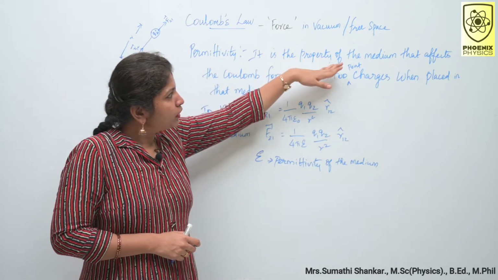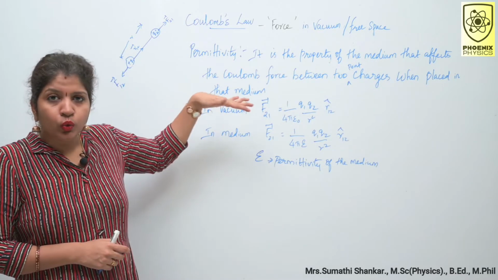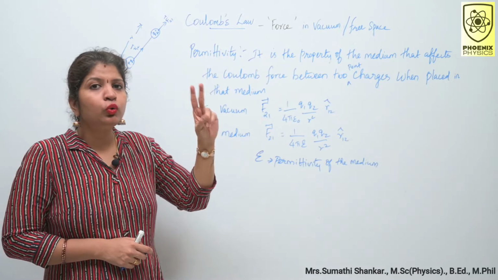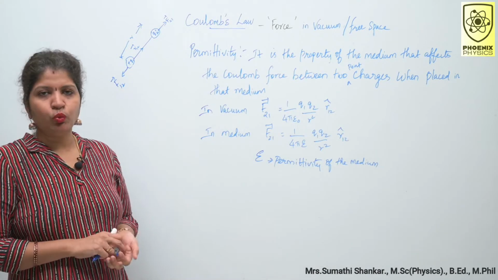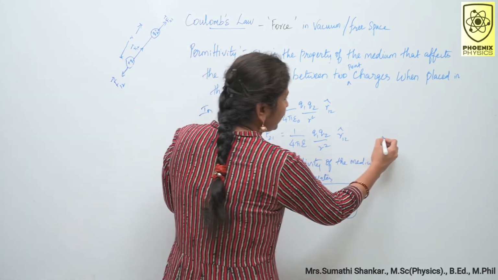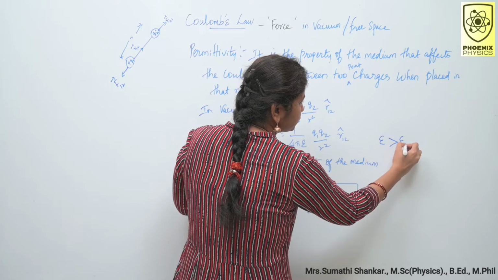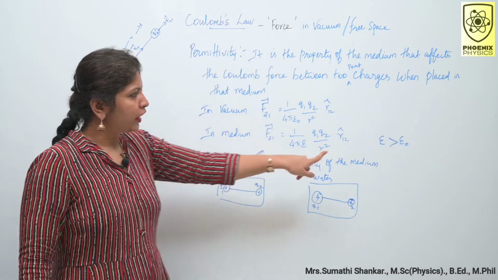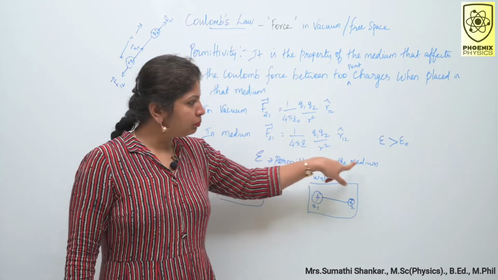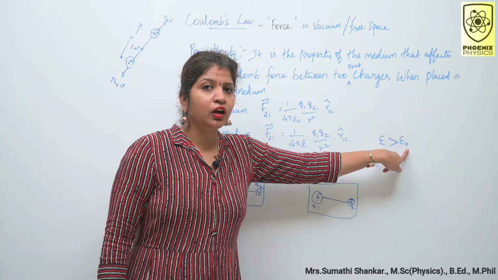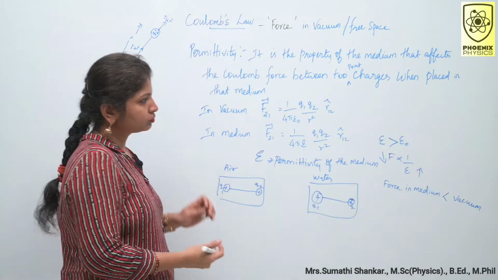It is the property of the medium that affects the Coulomb force between two point charges when placed in that medium. What is the meaning? Epsilon is always greater than epsilon naught. Epsilon is the permittivity of the medium. Epsilon naught is the permittivity of the free space or vacuum.